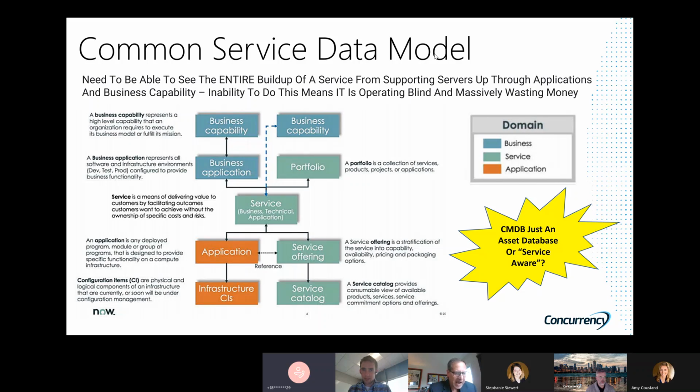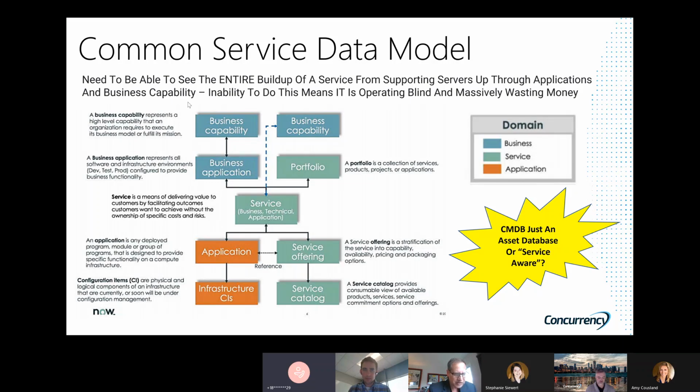And what you're doing is you're tying the relationships between those different assets or CIs up into a service model, such that I can look at any particular service. I could look downstream and see all the applications, all the infrastructure items, servers, et cetera, that belong and support that application.